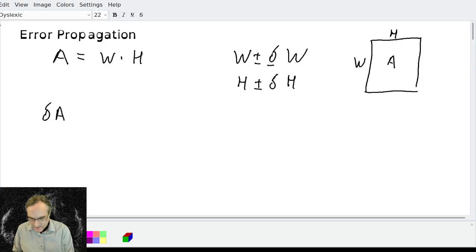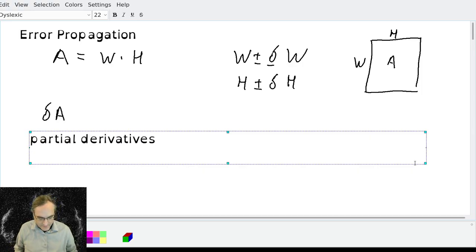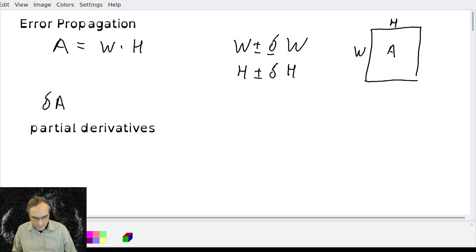Now, all of this does depend on something called partial derivatives. If it's not something you're all that familiar with yet, don't worry about it overly much. I'll be explaining more or less what I want you to do with it as we go. So in this case, we're going to say that dA is basically the same thing as the uncertainty in A, and there is justification for that.